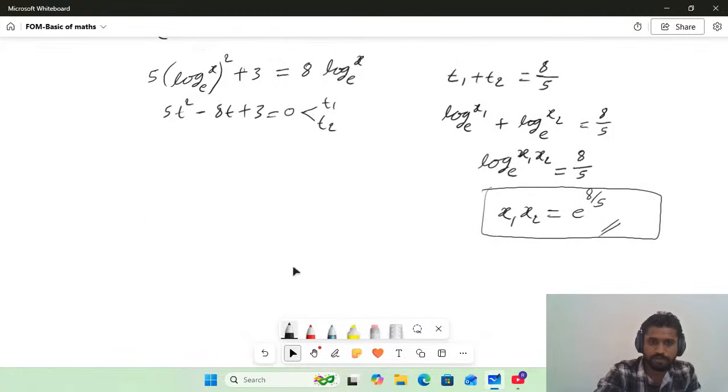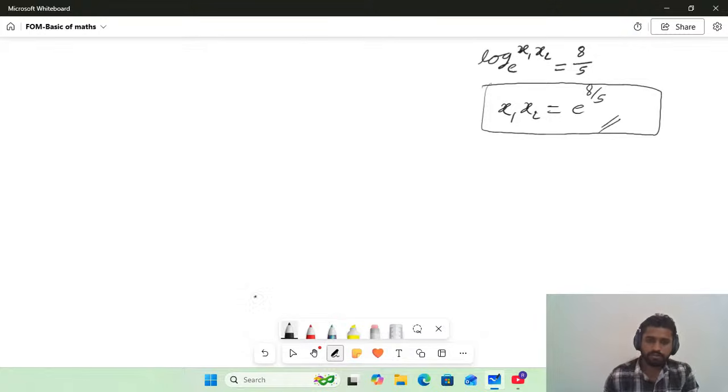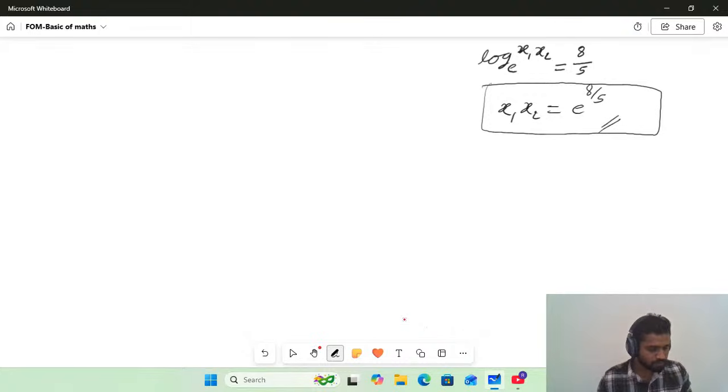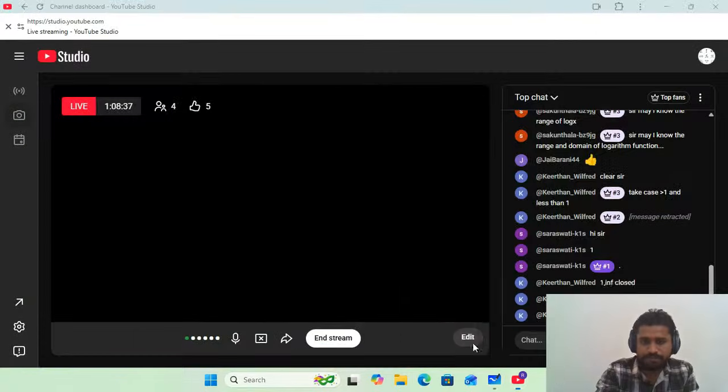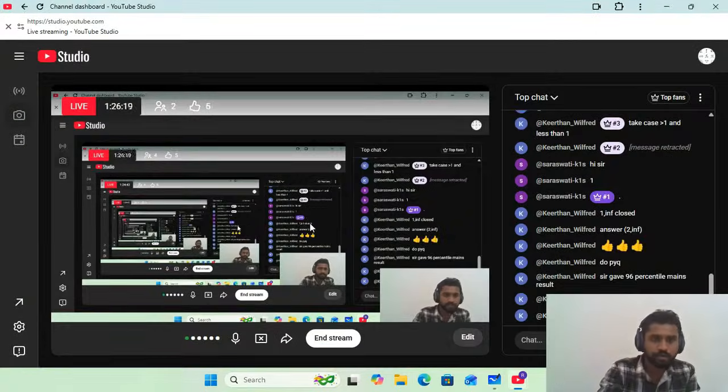The third PYQ on logarithms is actually mixed with quadratic equations, so we will see that question in the quadratic equation chapter.